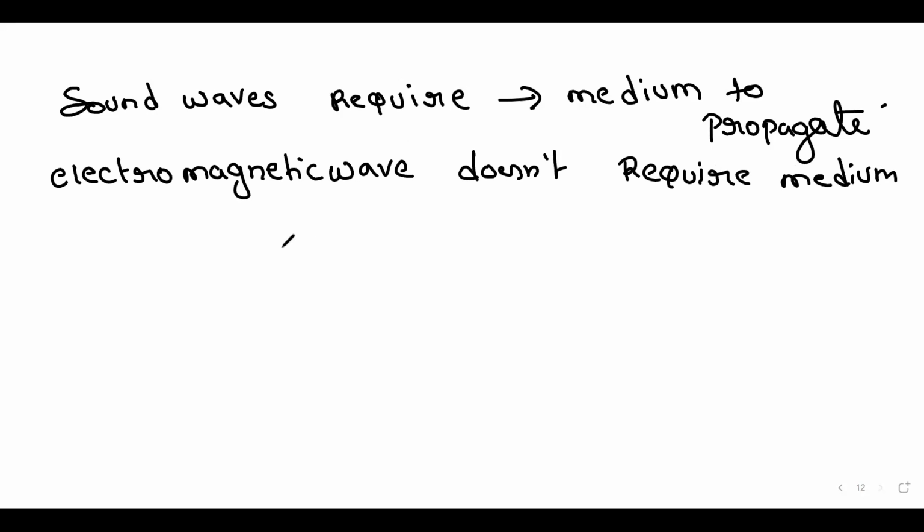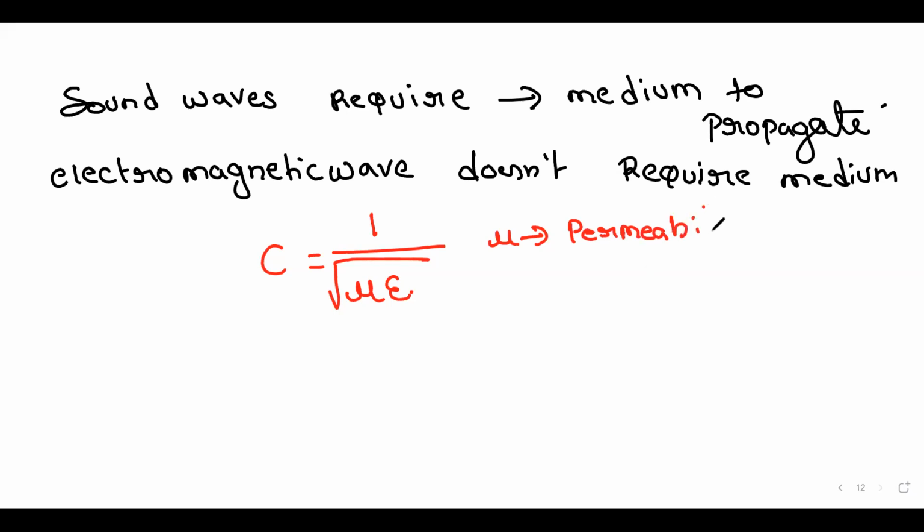The velocity of an electromagnetic wave is represented by C and is given by 1 by root mu epsilon. Mu is permeability, epsilon is permittivity.